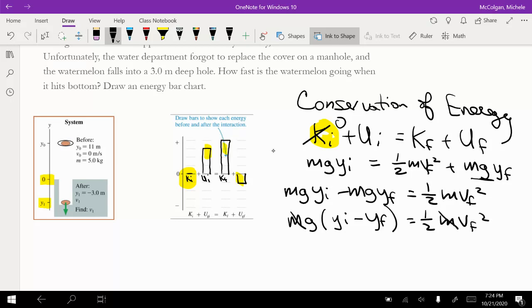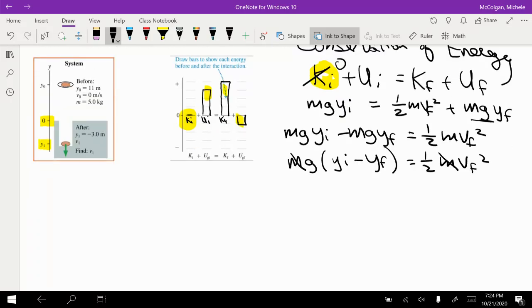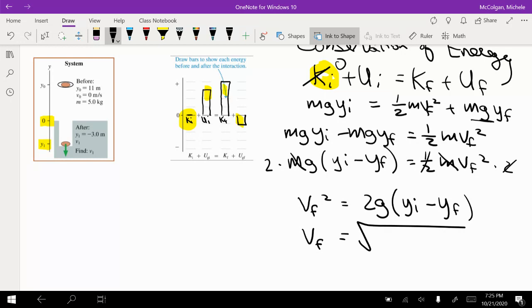So I'm going to cancel my m's, and now I'm going to also multiply both sides by 2. The 2 here and the half cancel. So I'm going to get v final squared is equal to 2g times (y initial minus y final). And so v final equals the square root of 2g times (y initial minus y final).